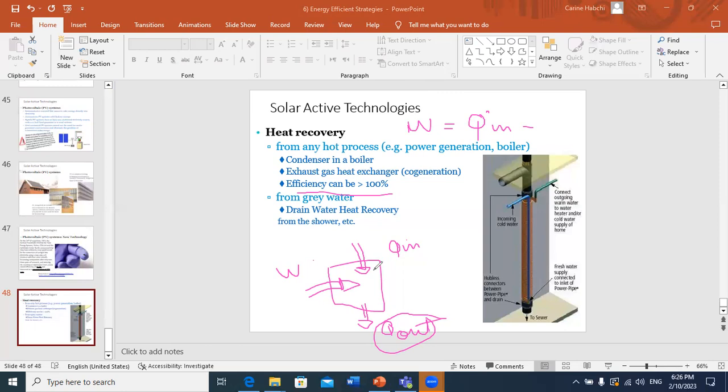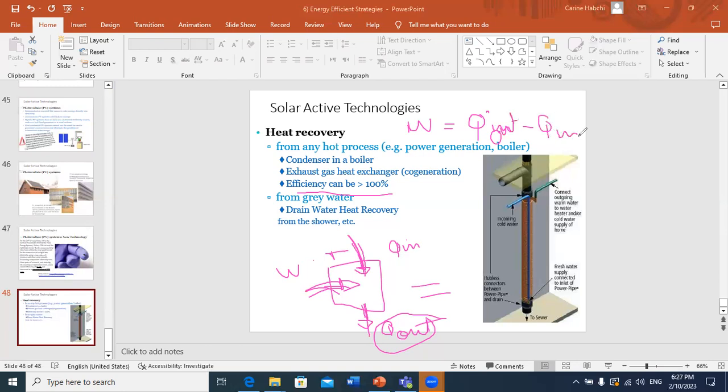So I have two inlets, these two energies coming inside, and an outlet flux Qout, because W plus Qin will give you Qout. So W is the difference between Qout and Qin.